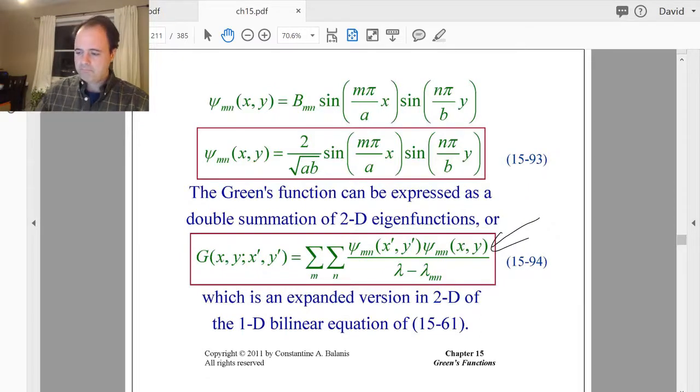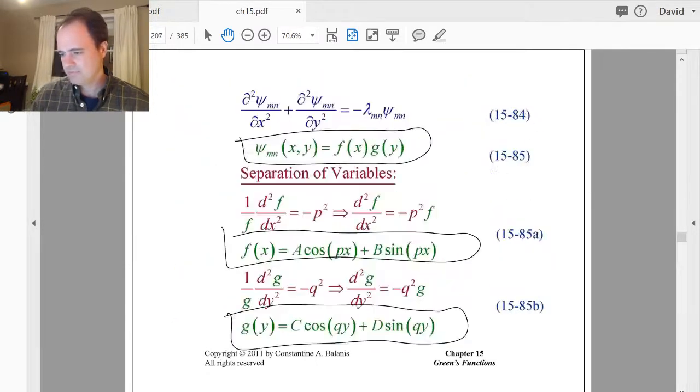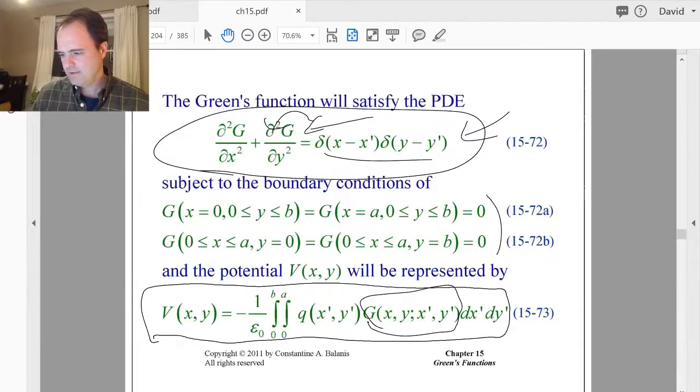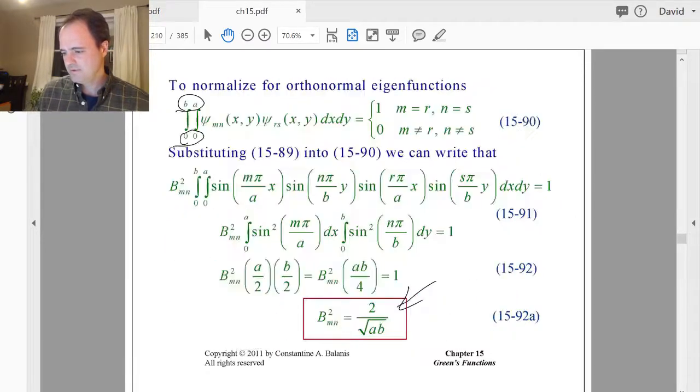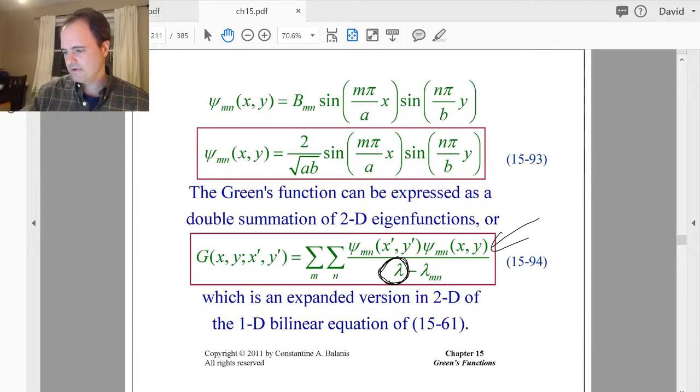Okay, but for the electrostatics, which is what we were working on before, I had made a big point of saying my lambda is equal to 0 here. All right, and so this for electrostatics is equal to 0.